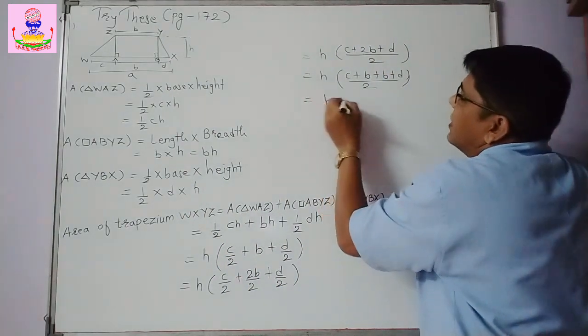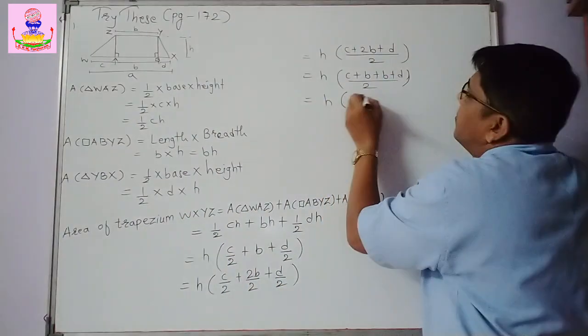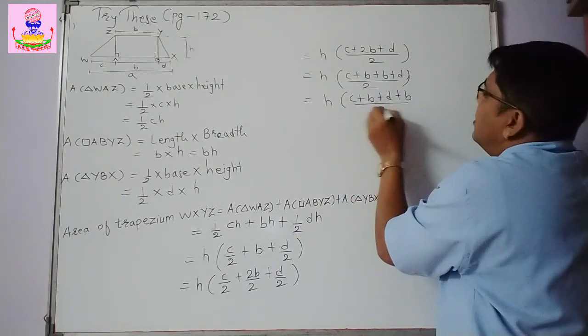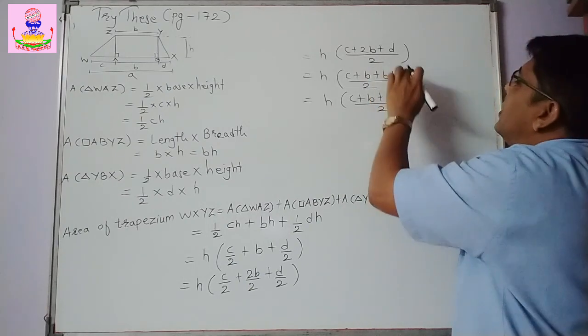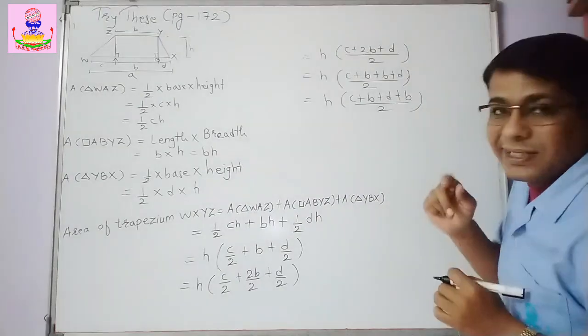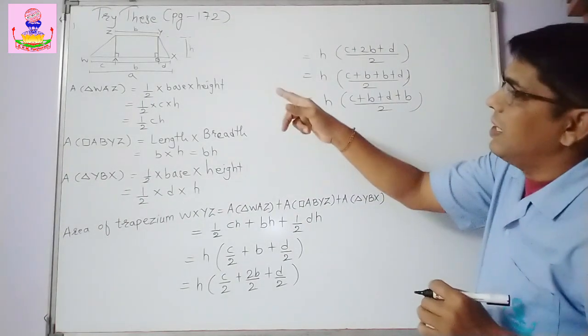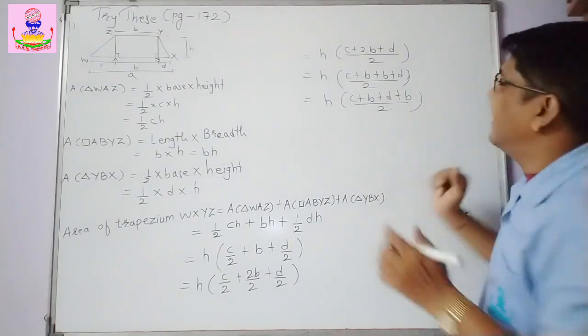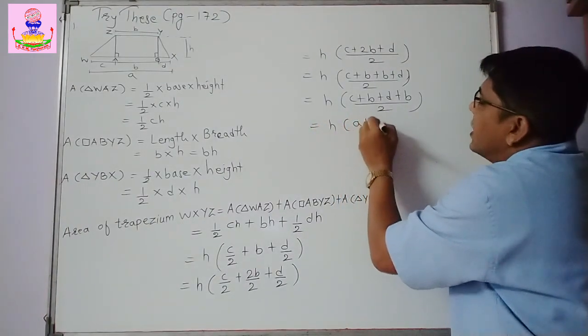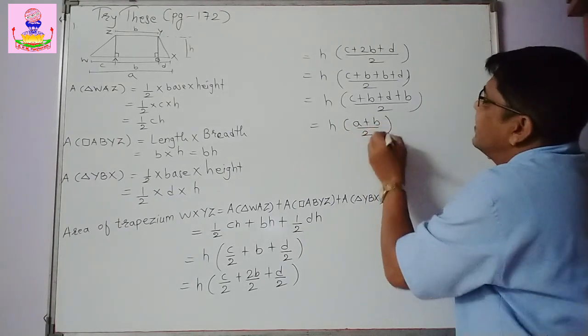So h into c plus b plus d plus b upon 2. Just I have got this b here and this d here, I have just changed their places. Now c plus b plus d is nothing but small a. So that is equal to h into bracket a plus b upon 2.